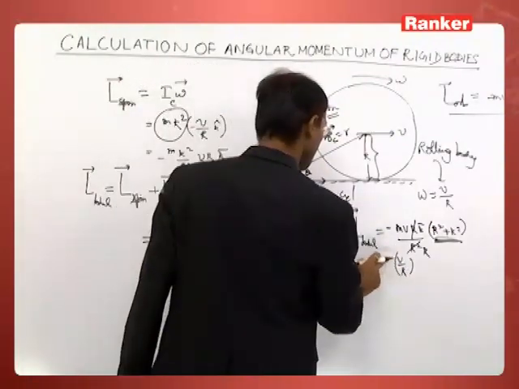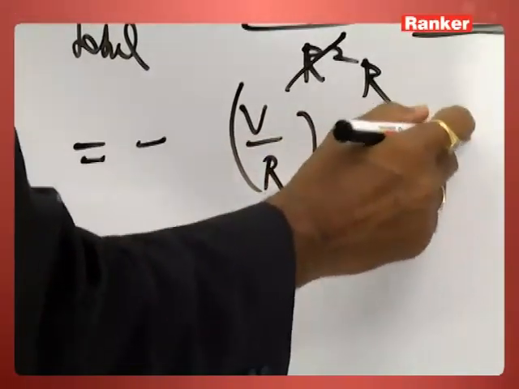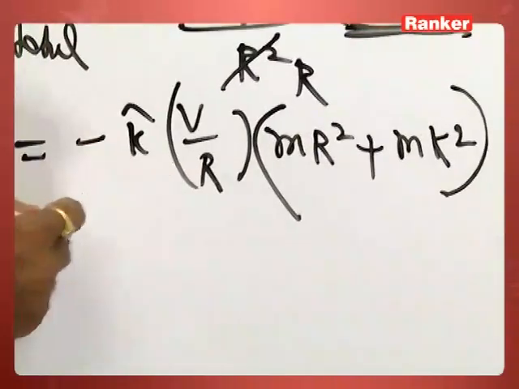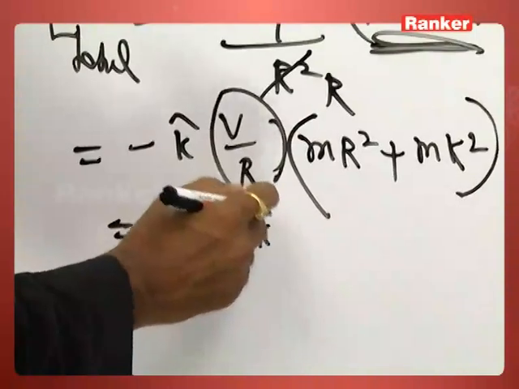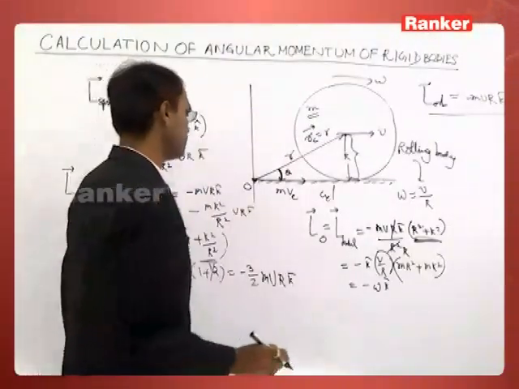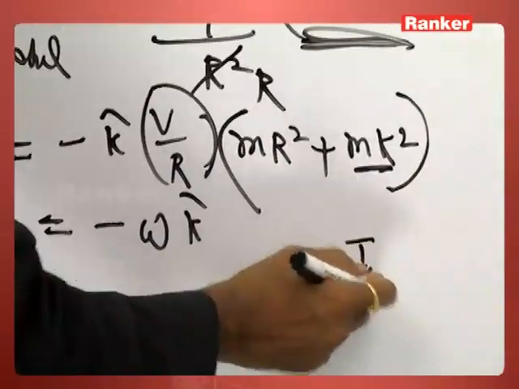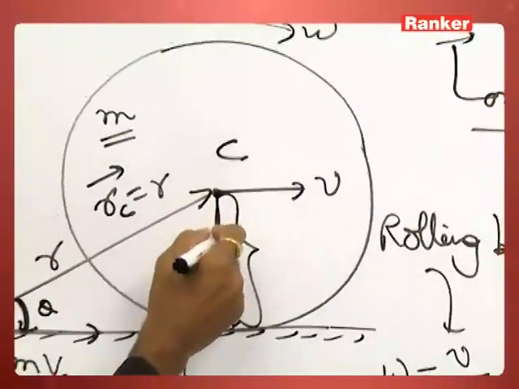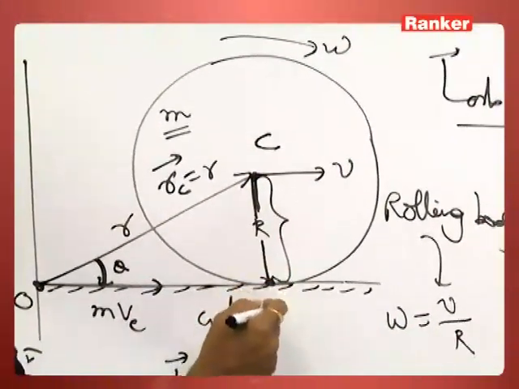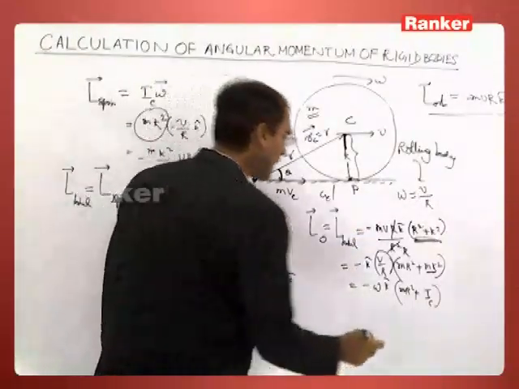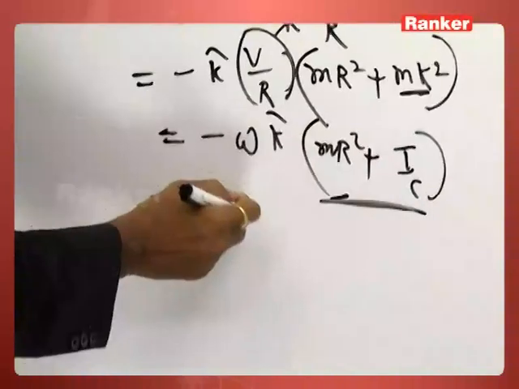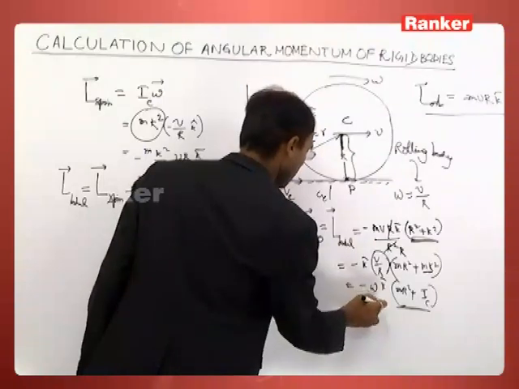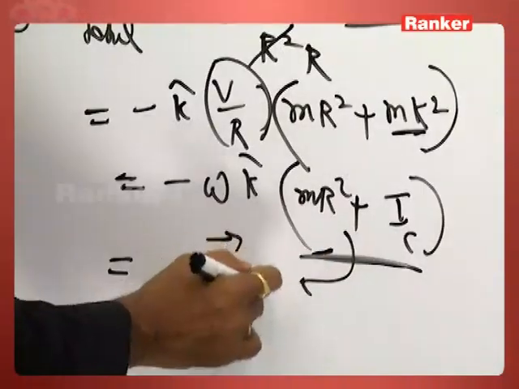We can just write (m r square plus m k square) times omega, minus k cap. This is the IC, this is m r square. IC plus m r square is equal to IP, by the parallel axis theorem. So minus omega k cap can be written as omega vector into IP.